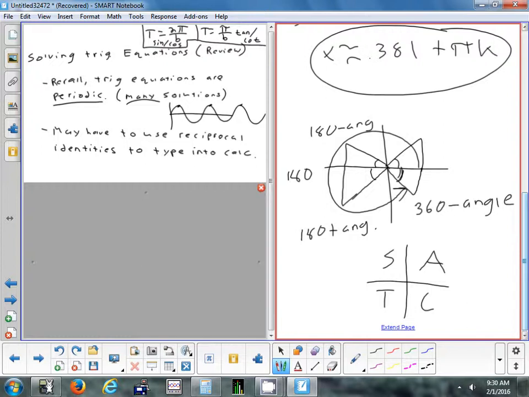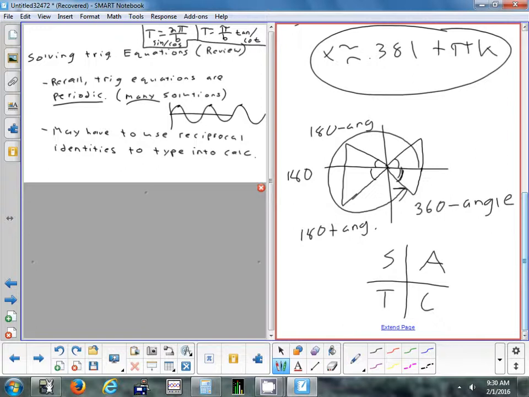Quadrant 3 and quadrant 1. Yep. How about, where's cosine positive? 4 and 1. Where's sine positive? Second quadrant and first quadrant. Yep.